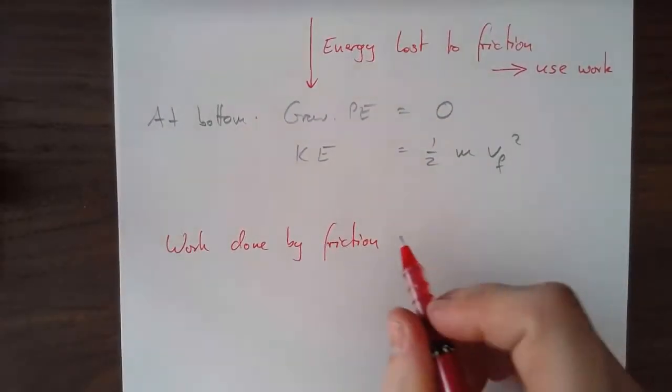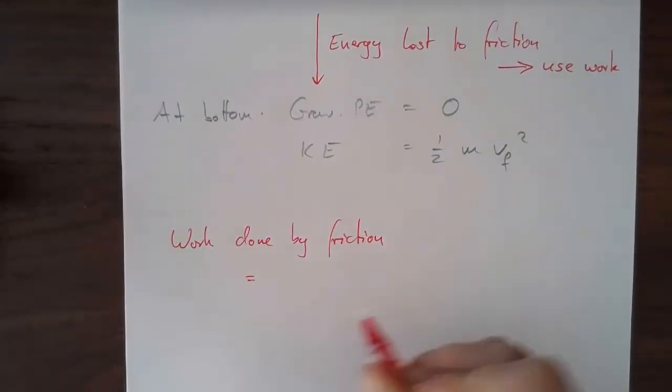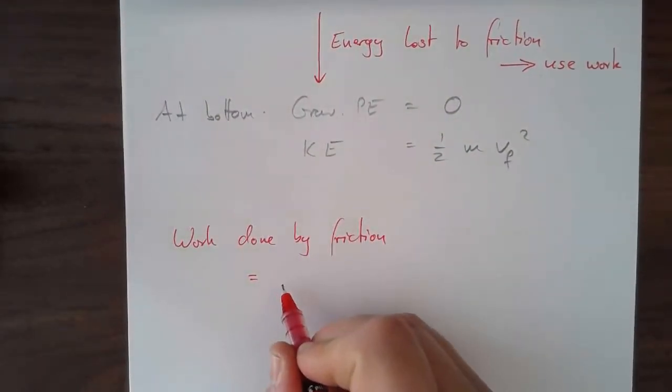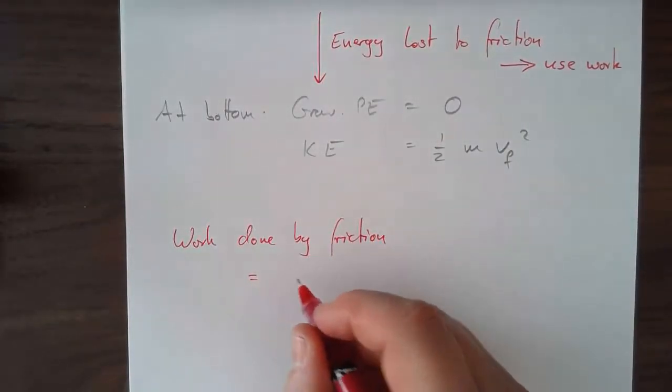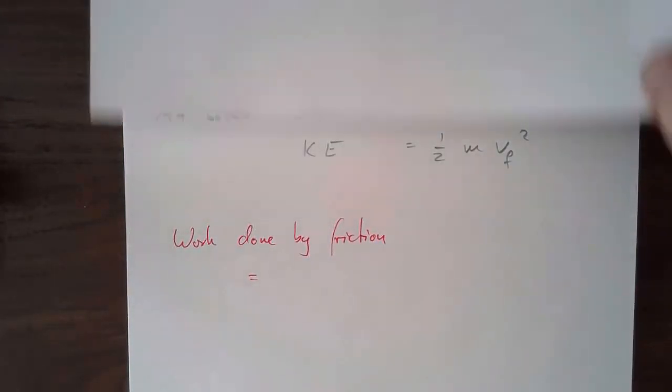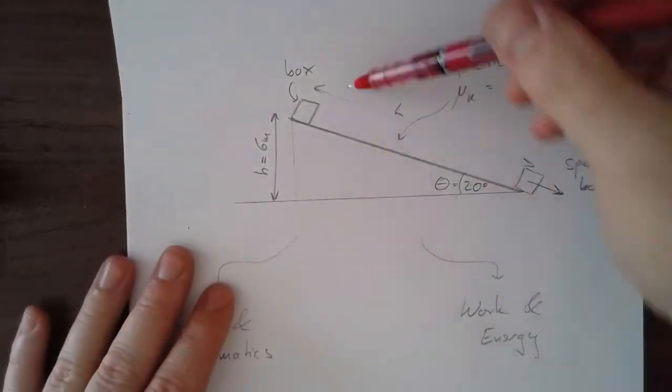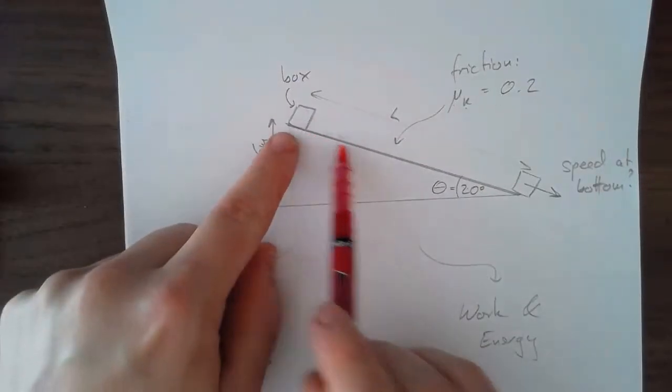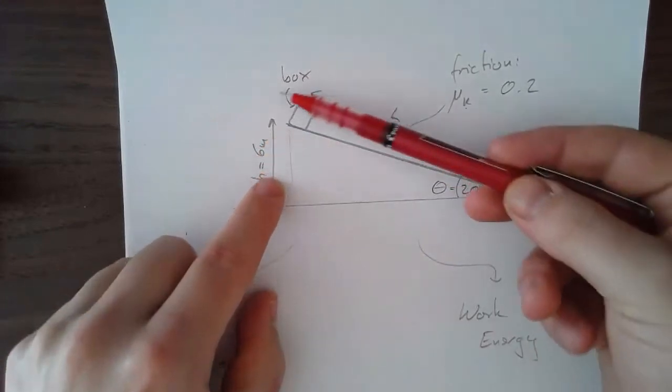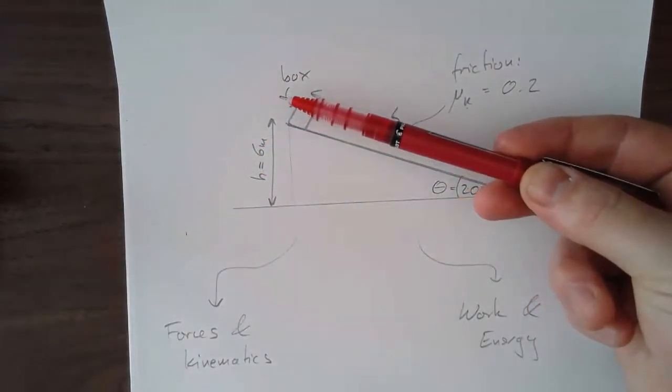The work done by friction is equal to the force of friction times the displacement. Now, if I look at this situation here, the displacement is from up here down there.